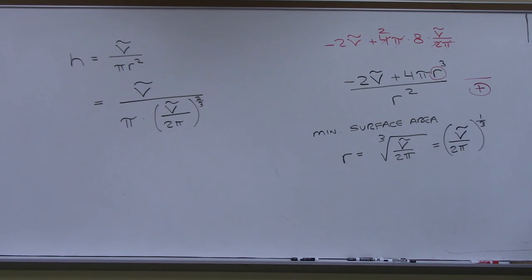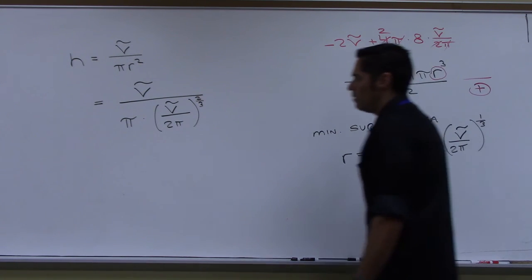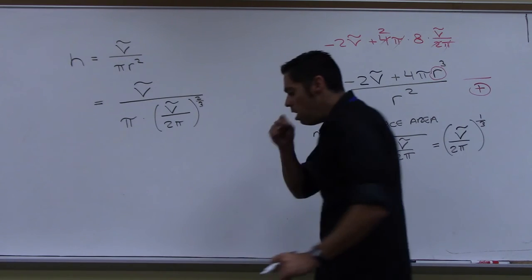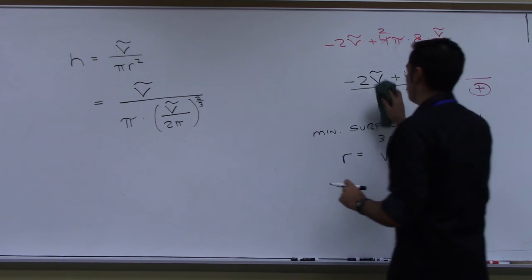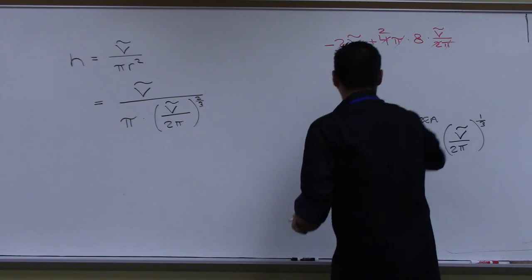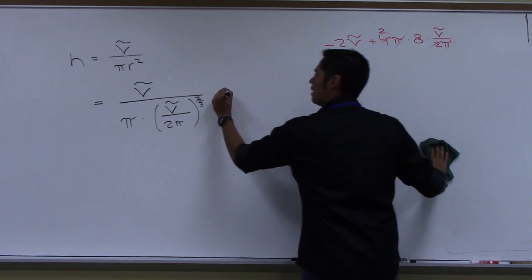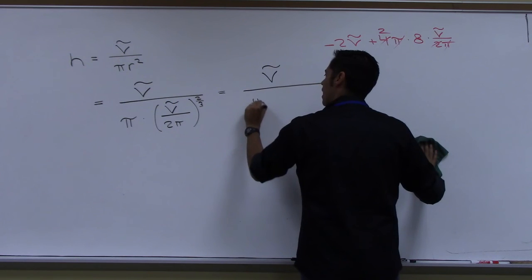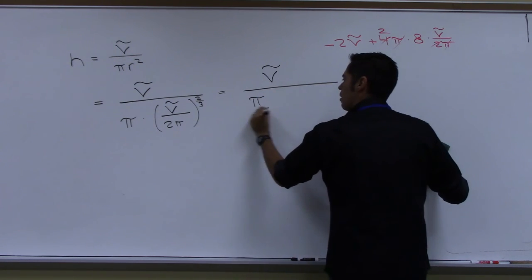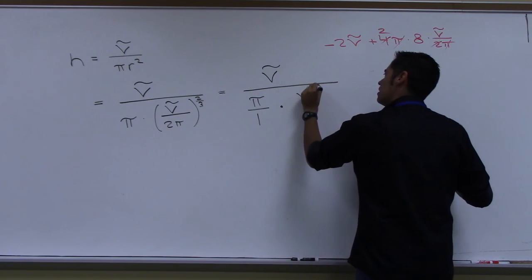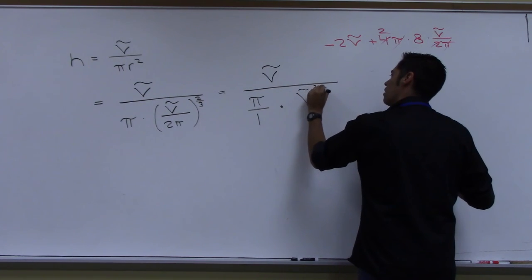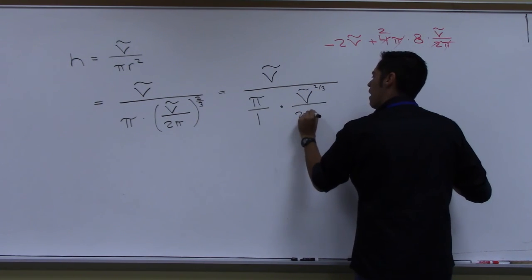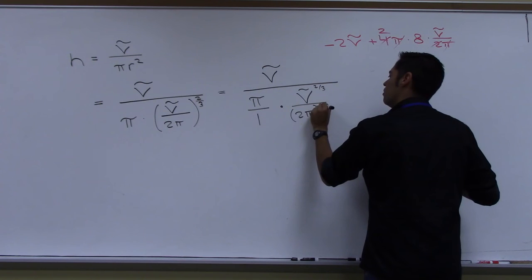And I know that that looks kind of messy. I'm trying to get to a final result that I was hoping you would like. This equals v tilde over pi over 1 times v tilde to the 2/3 over 2 pi to the 2/3.